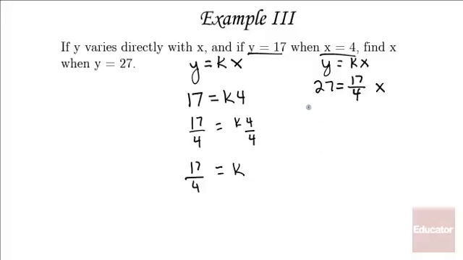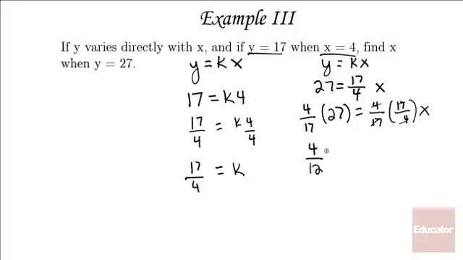So I am going to multiply both sides by 4/17 to solve for x. These two will cancel out, leaving me with 4/17 times 27 equals x.